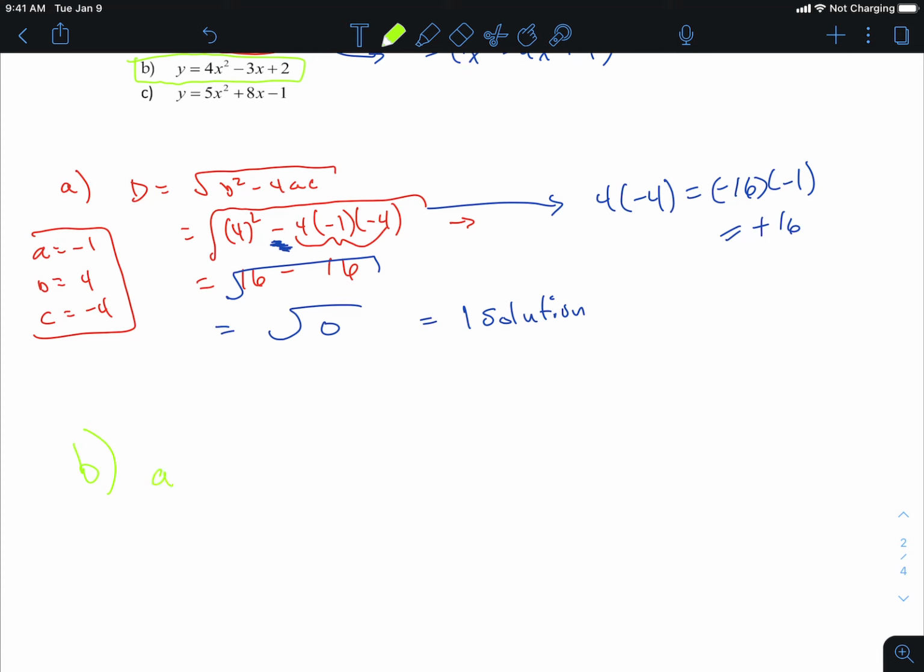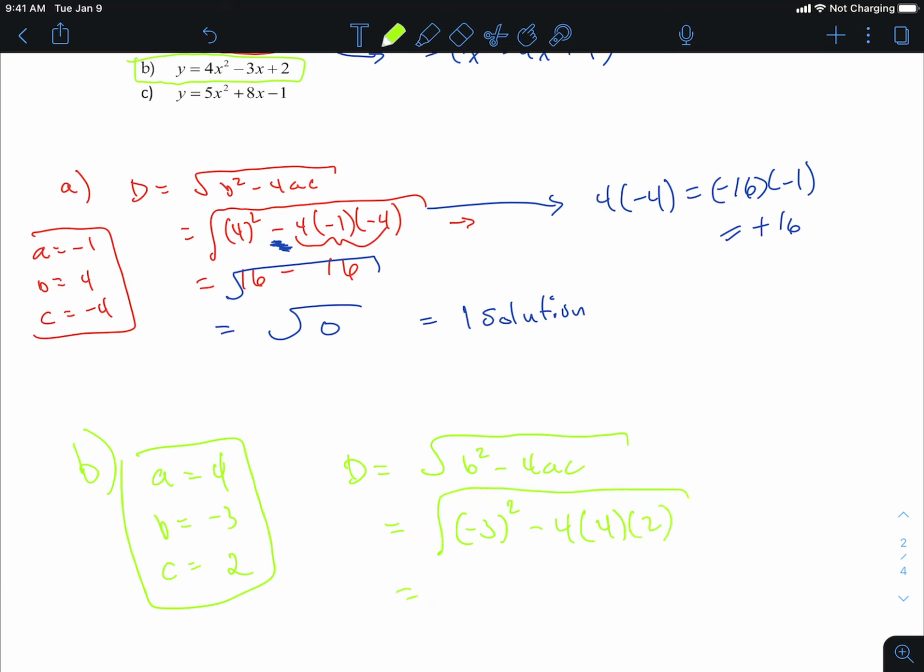You can see that, okay, A equals 4, B equals -3, C equals 2. Plug it into the discriminant. Discriminant equals the square root of b squared minus 4ac. B is -3 squared minus 4 times 4 times 2.